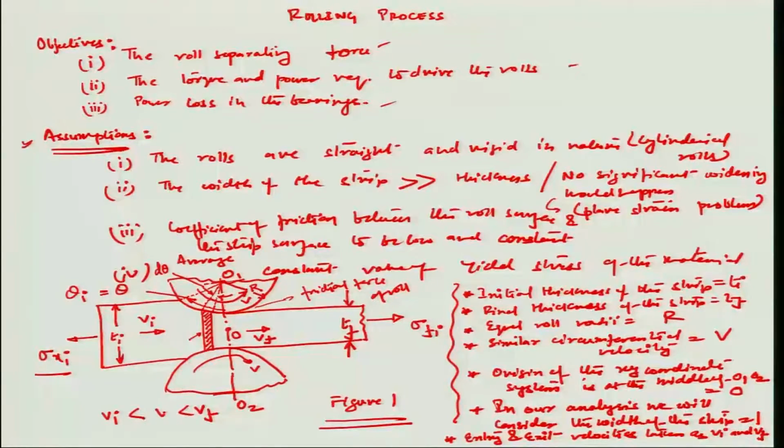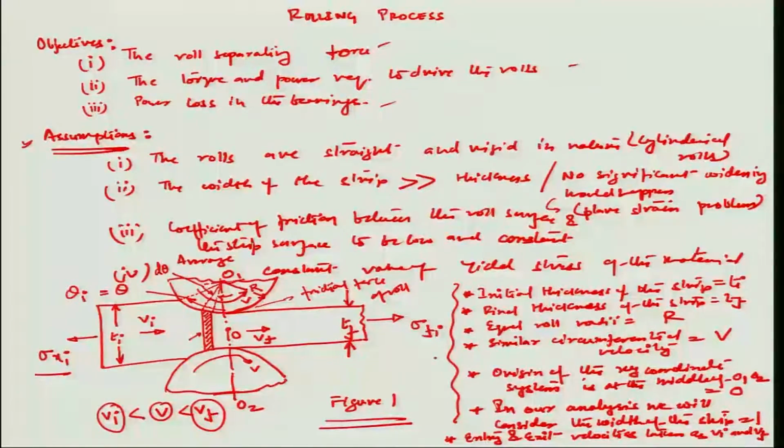We assume that V is the roll velocity, which is at the point of contact of the sheet metal with the roll. You have to understand that the roll at some point is in direct touch and flows the material at the same velocity as its own circumferential velocity V. So Vf is greater than V, which is greater than Vi, because there is a change in the thickness of the material, and the change in thickness is always in the forward direction.